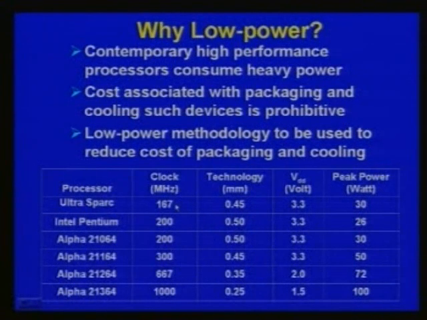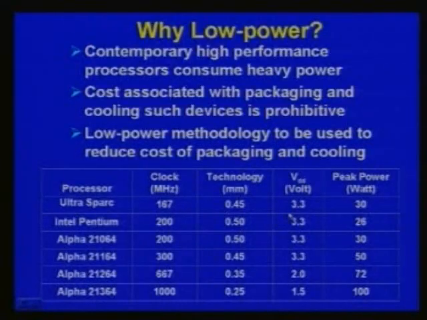Clock rate has increased starting from 167 megahertz to 1000 megahertz. Most of the processors are now operating in the range of gigahertz, and it also shows the advancement of technology. The size is gradually shrinking, starting with 0.45 micron to 0.25 micron. As you know, we are now in the era of 60 nanometer or 45 nanometer.